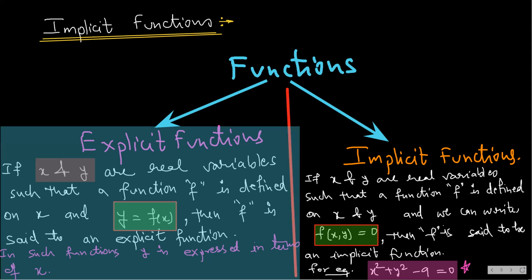Remember students, whenever there is a rule, there is a function. So can't I say that there is a rule working here? Yes. When I write x square plus y square minus 9 is equal to 0, what is the rule?